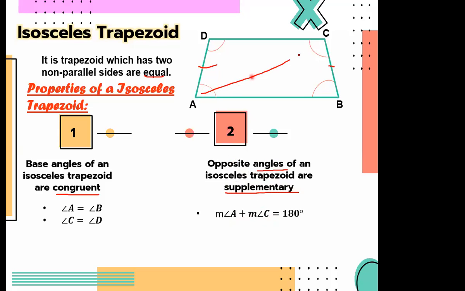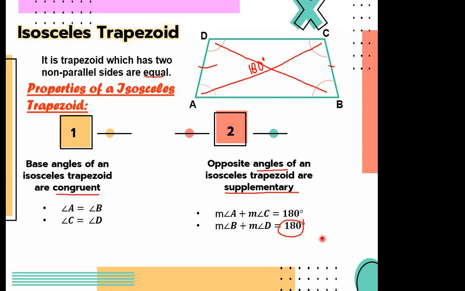If you add these two angles, their sum should be 180 degrees. And similarly, angle B and angle D, if you add these two angles, their sum should also be 180 degrees. So the opposite angles of an isosceles trapezoid are supplementary.